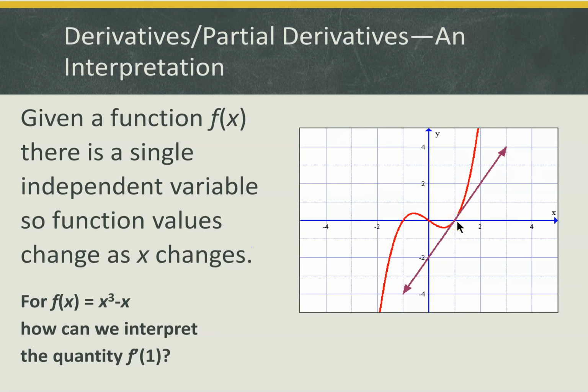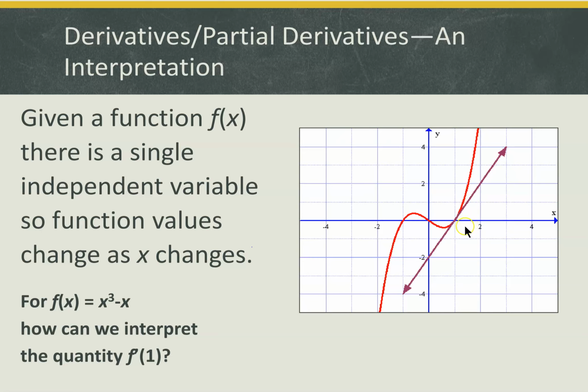So a common interpretation that we give to f prime at 1 is it is the rate of change in the y values as the x values change at that particular point. Also, we can interpret it as being the slope of the tangent line when x is equal to 1.